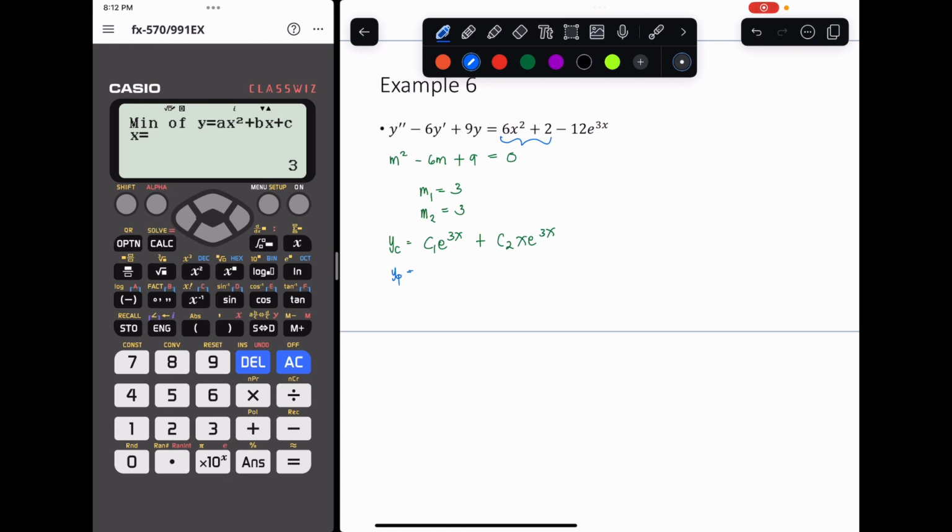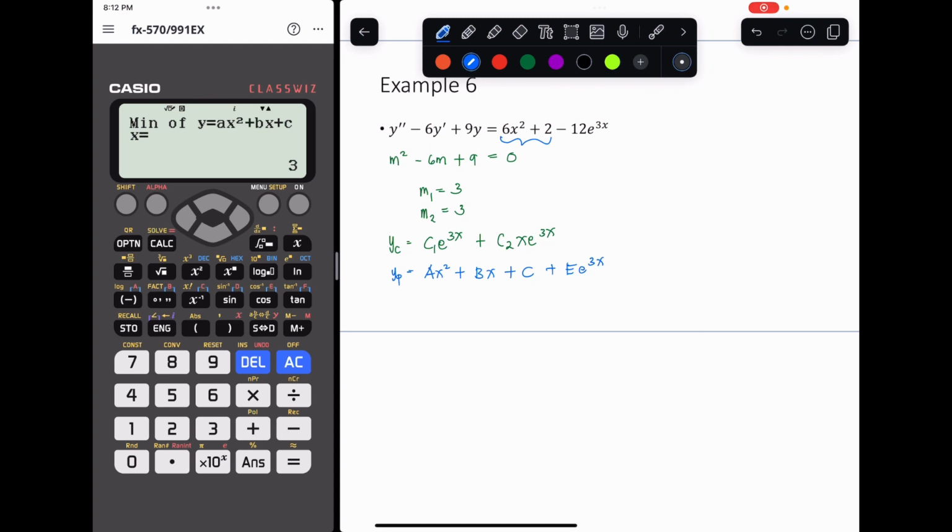So we start with ax squared plus bx plus c. And originally, since we have 3x, that should be plus E times e raised to 3x.